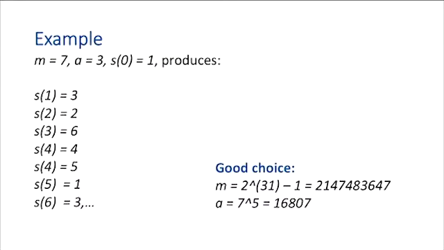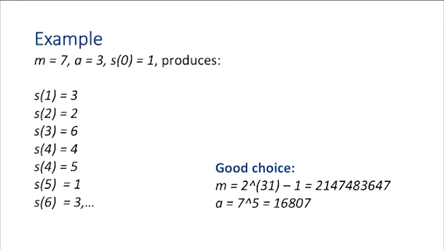Okay, so here is a very simple example with M is 7, A is 3, and S0 is 1. So the rule is take your current state, multiply with A, so that's 3, and then divide by 7 and take the remainder.